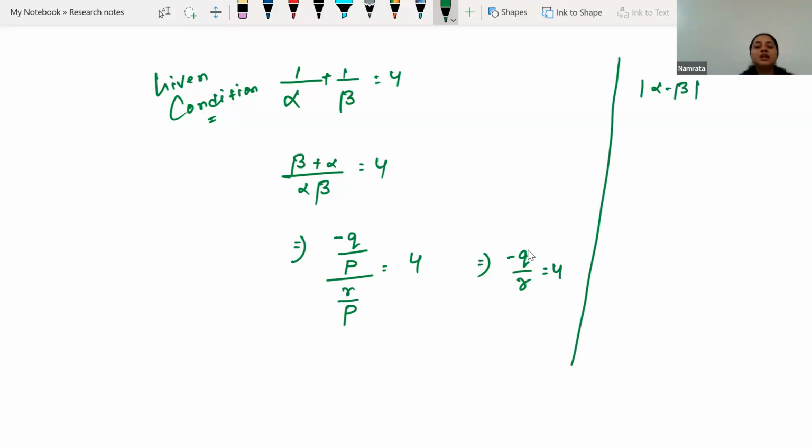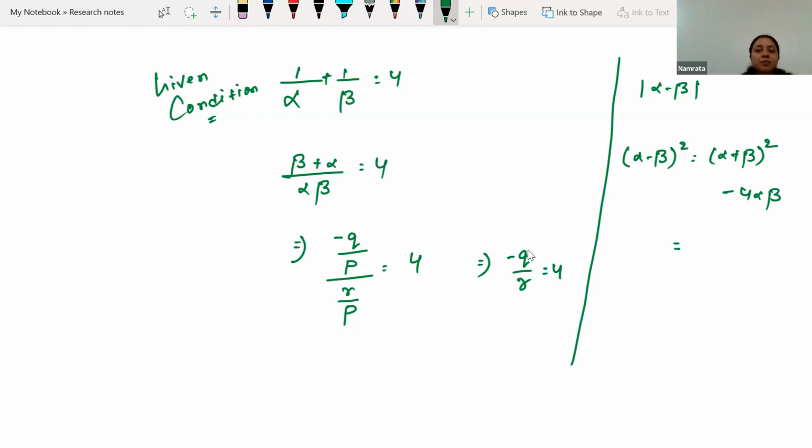We know there is a relation which says alpha minus beta whole square is equals to alpha plus beta whole square minus 4 alpha beta. Do you know this relation? It's just the identity of a minus b whole square is equals to a plus b whole square minus 4ab. Because we are asked alpha minus beta, we use this relation, and we have in hand the sum of the roots and the product of the roots. Let's see whether that's helping us or not.